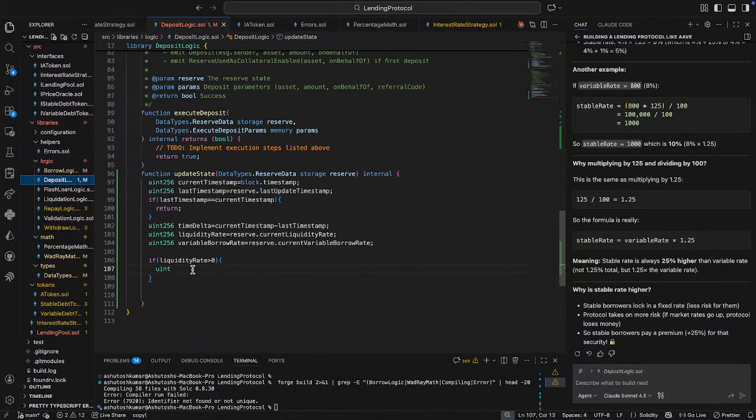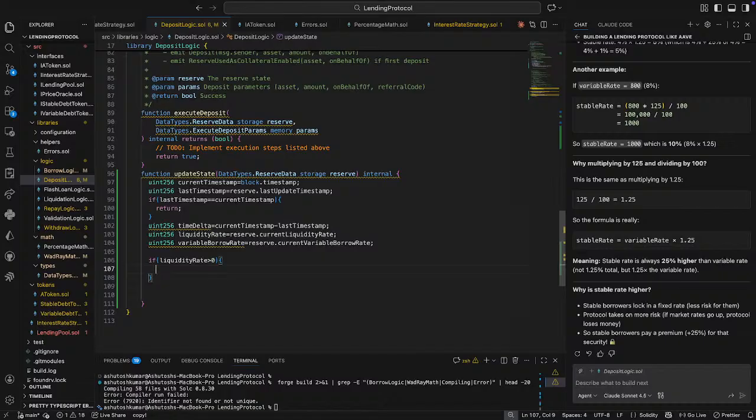So here we will update the interest liquidity rate in the uint256 time delta we have actually calculated. If liquidity rate is greater than 0, we just have to update the liquidity index.